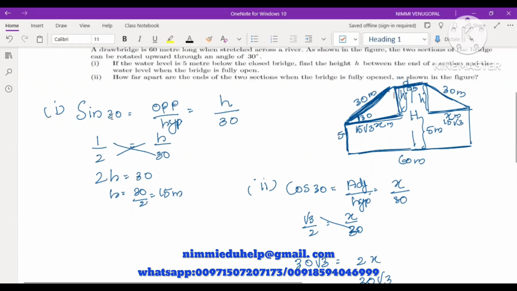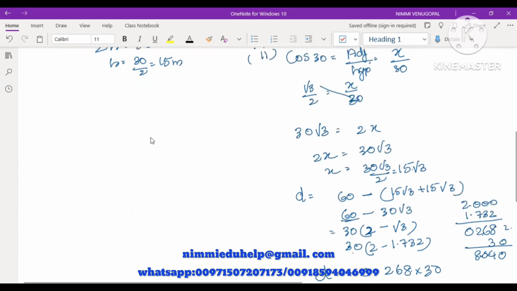So we got both answers. When the bridge is fully open, the first question was: if the water level is 5 meters below the closed bridge, find the height h between the end of the section and water level when the bridge is fully open.